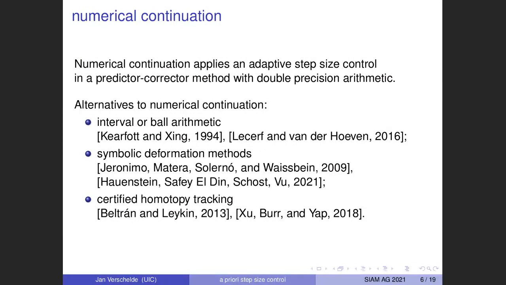There are at least three very valid alternatives to numerical continuation. One can equally adjust step sizes quite well with interval arithmetic, or more recently and more generally, perhaps ball arithmetic. There are symbolic deformation methods. And last and certainly not least, there are certified tracking methods, for which I also list two references.